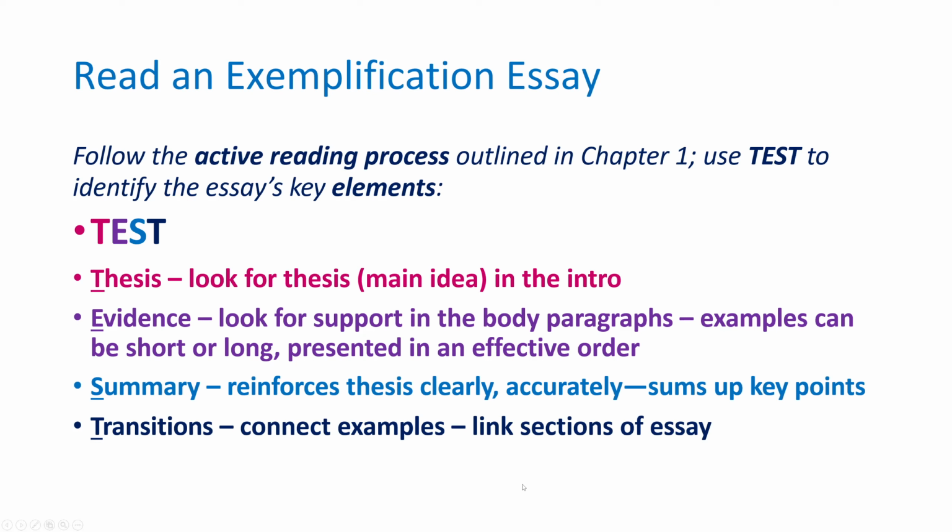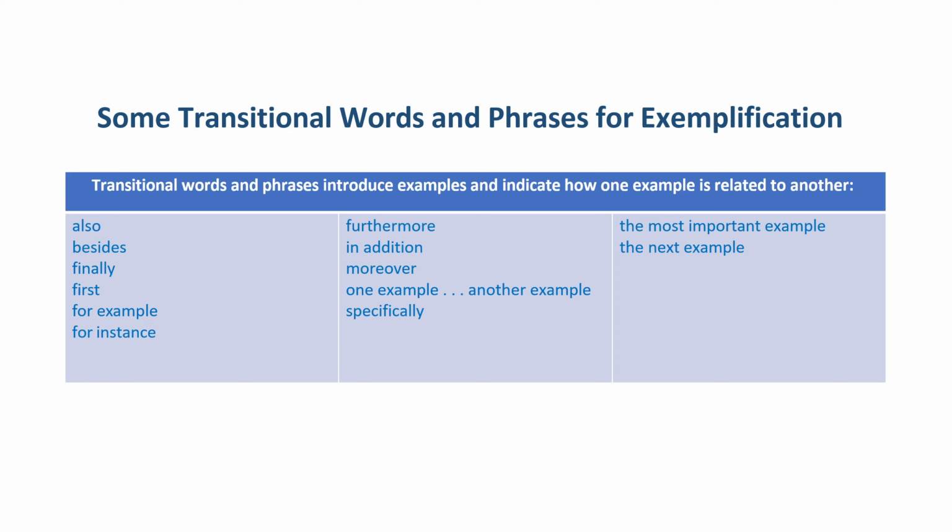And finally, you're going to be looking for transitions. Back in chapter 1, this one was kind of vague, but transition words for the type of essays we're going to find out are a good way of identifying what the essay style even is. So, speaking of which, for exemplification essays, remember we are explaining something using examples.